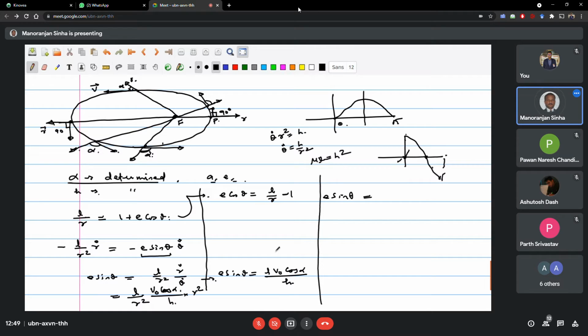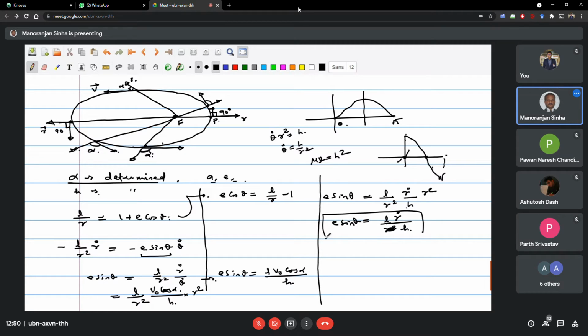First we rewrite this part in a simple format and then we expand it. L by R square, R dot, and theta dot is H by R square, so R square cancels out, giving L times R dot divided by H. This is your E sin theta.